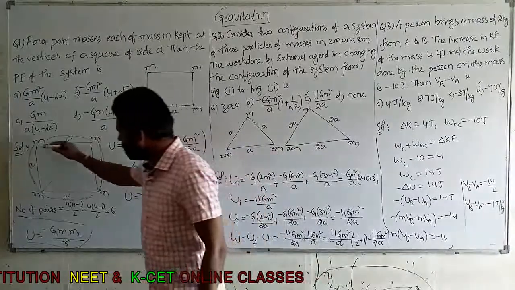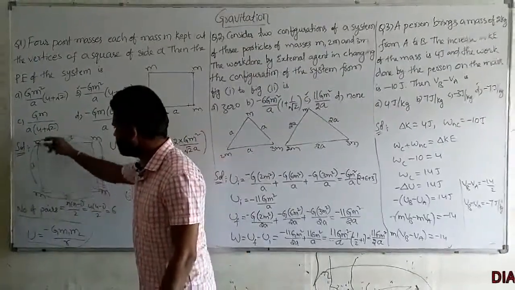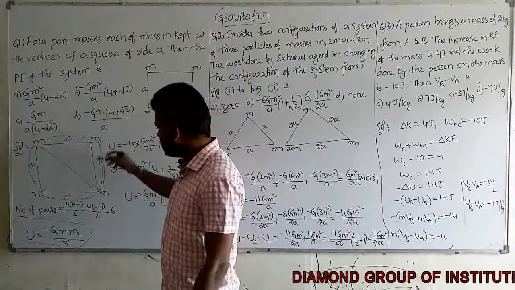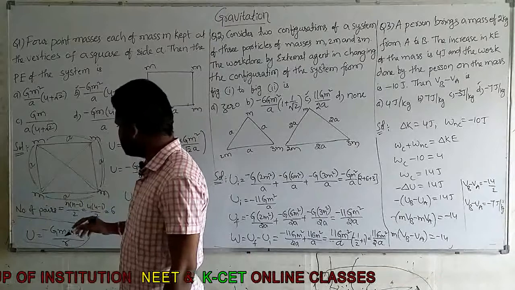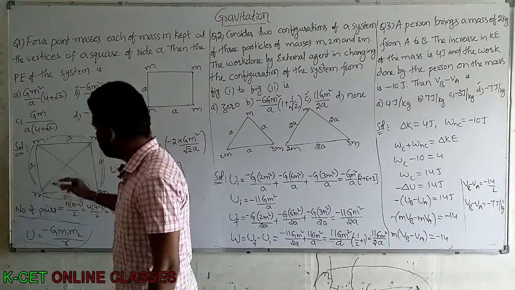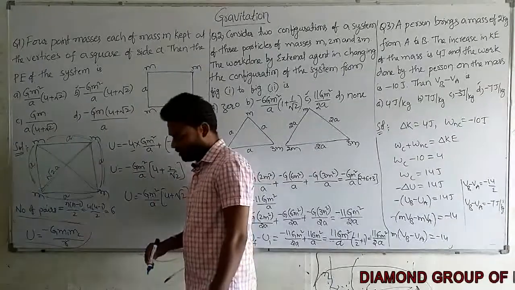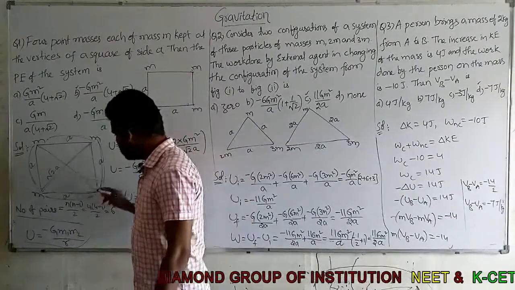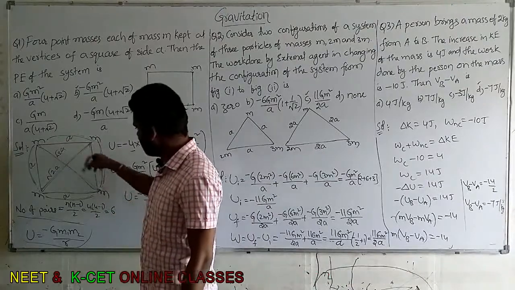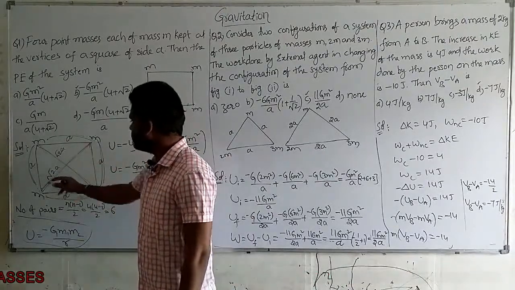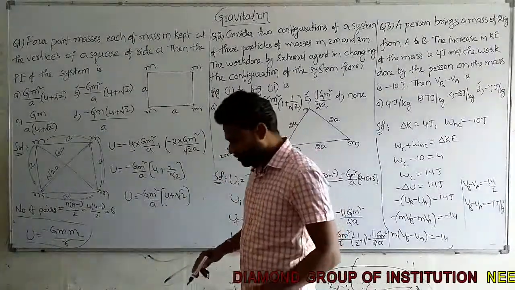Next, the potential energy between the other two pairs. Here also the masses are the same, and the side is A, so what is the length of this diagonal? From the Pythagoras rule for a right angle triangle, this length is also root 2 A. These two masses are m and m only, here also masses are m and m only, and the distance between these two is also root 2 A. So 2 pairs we are getting, and the potential energy of the 2 pairs is also the same.